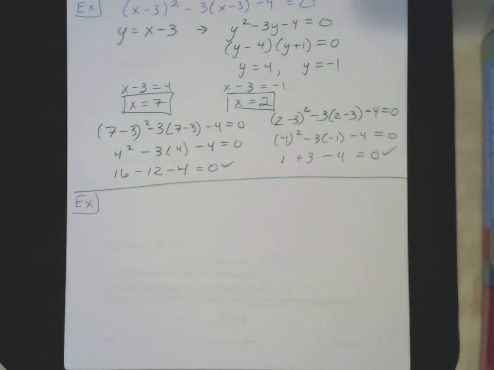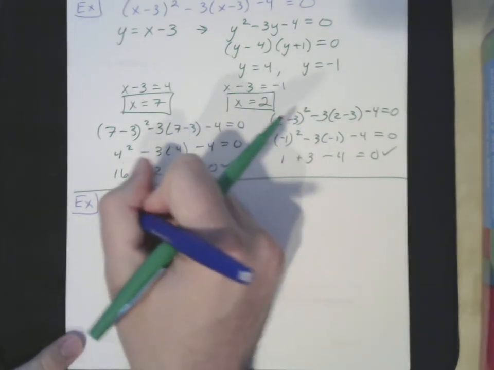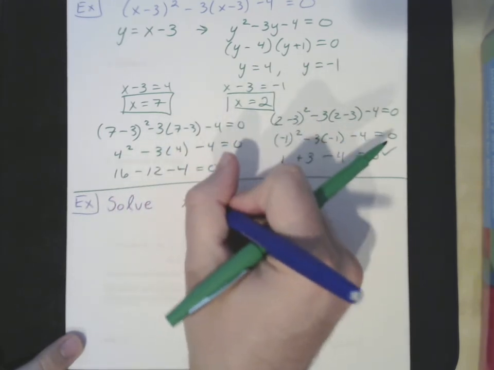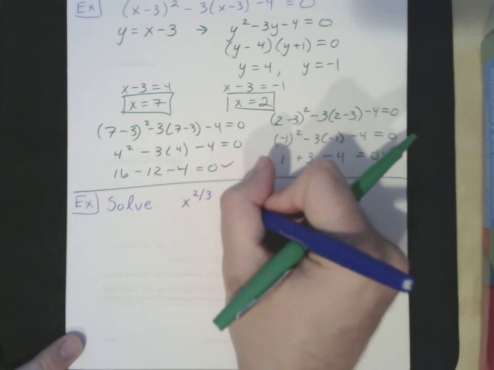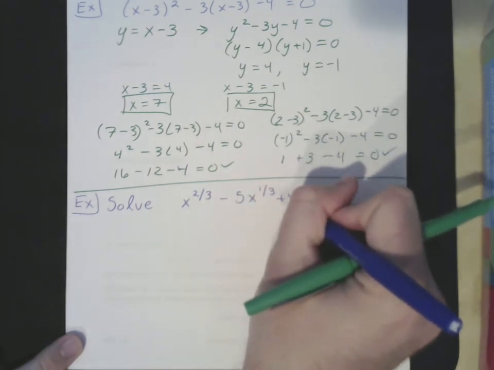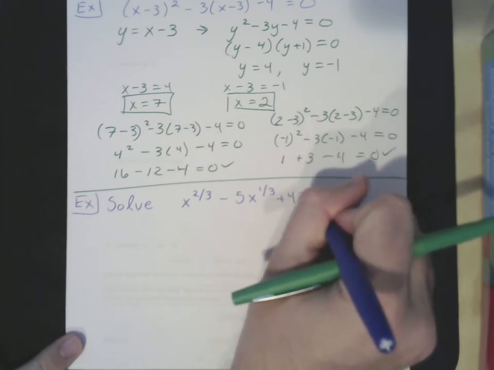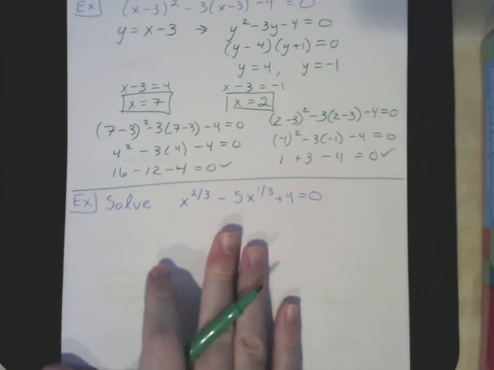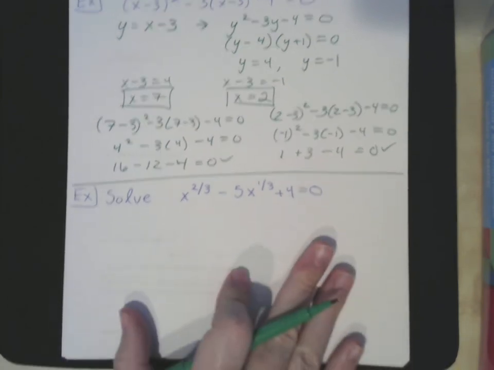All right, so our last problem before we jump into some word problems, we're going to solve x to the 2/3 minus 5x to the 1/3 plus 4 equals 0. So again, this is a pretty classic quadratic in form type problem.